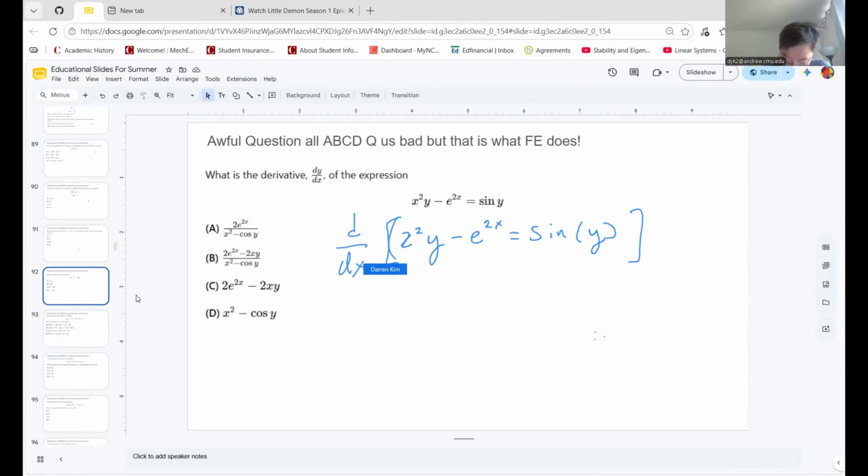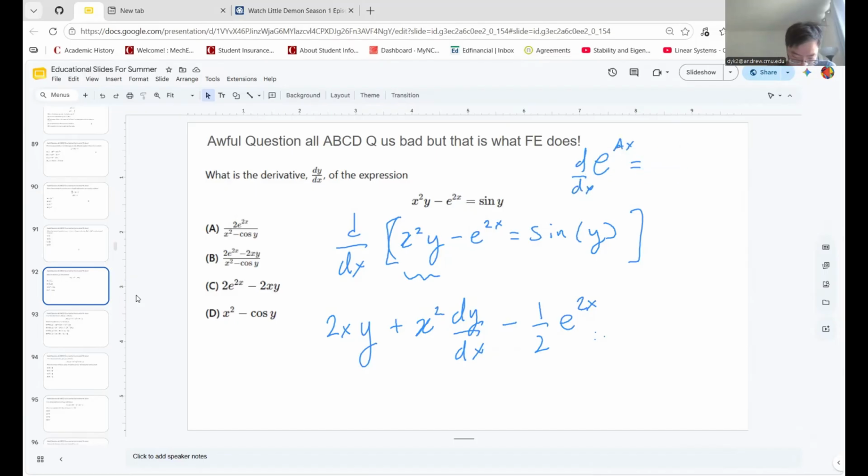We get product rule over here, so that's a 2x y, plus x squared dy dx over here, minus, okay, so e to the ax, if you take a derivative of it, oh wait, I did this wrong. You're right. It's been a long time since I did an e to the ax. So that is 2 e to the 2x, and this over here is cosine of y times dy dx by chain rule.